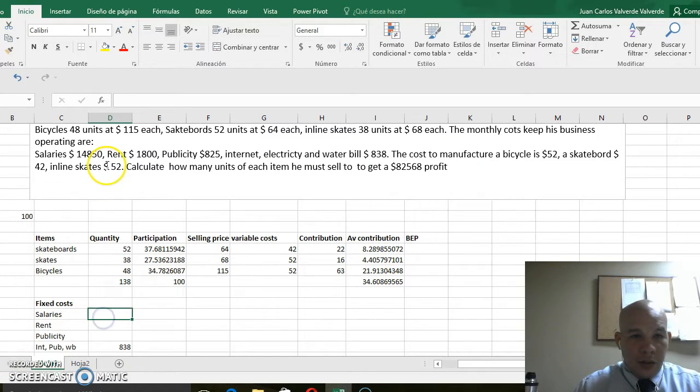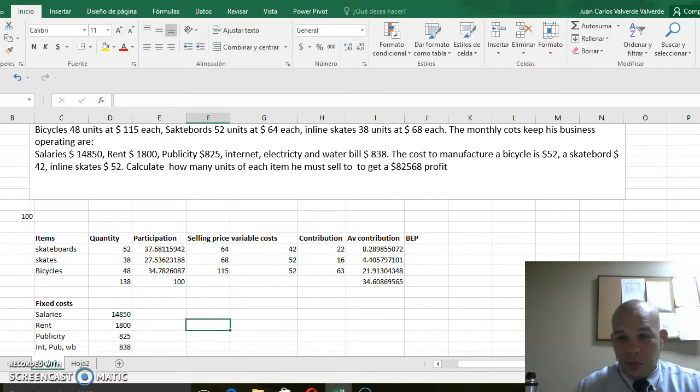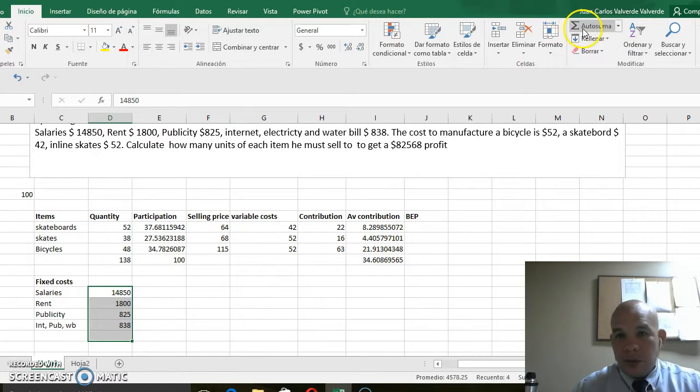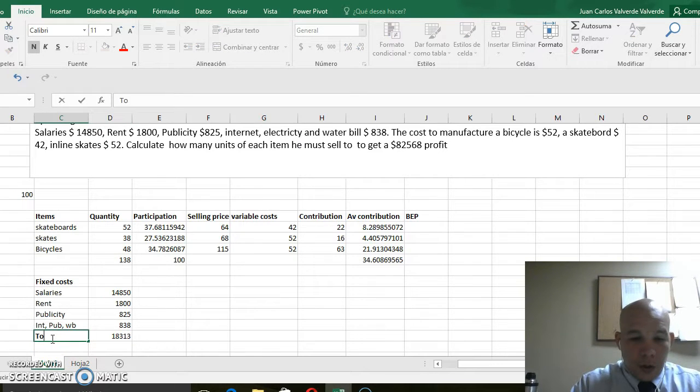For salaries it was 14,850. For rent, it says $1,800, and for publicity it was 825. If we add up all these costs, we will get the total fixed cost. Let's do it. See, this is the total fixed cost.